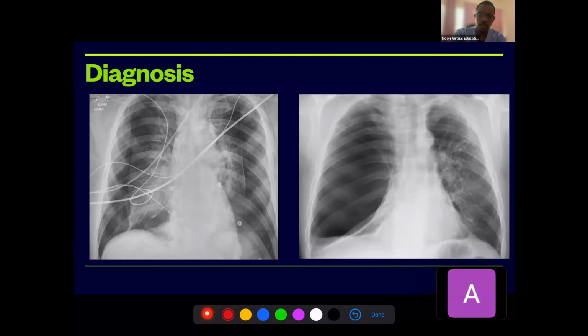As you see here, even because just now she said air fluid level, you cannot observe any clear costophrenic angle. So it is very important, specifically for R1, you need to differentiate. You need to be aware. You need to be confident in differentiating between the pulley and the pneumothorax.